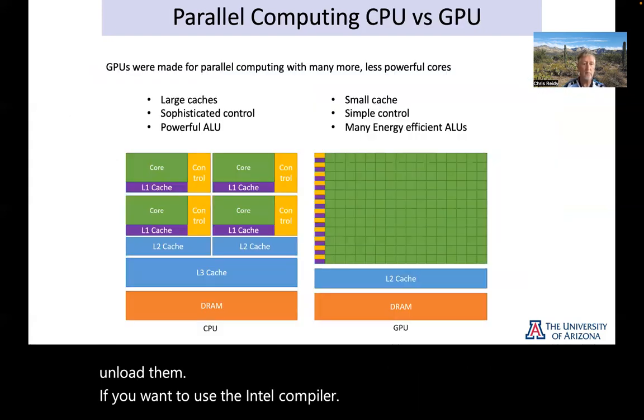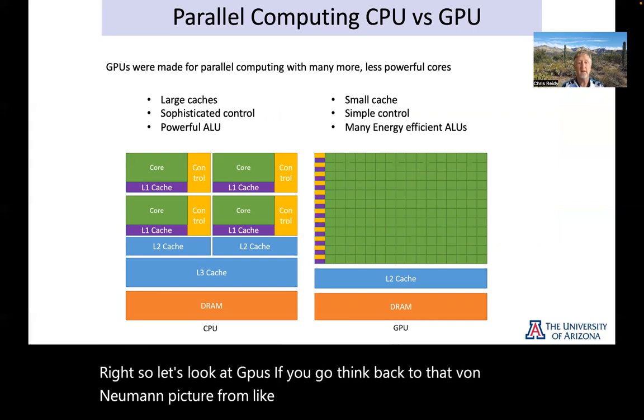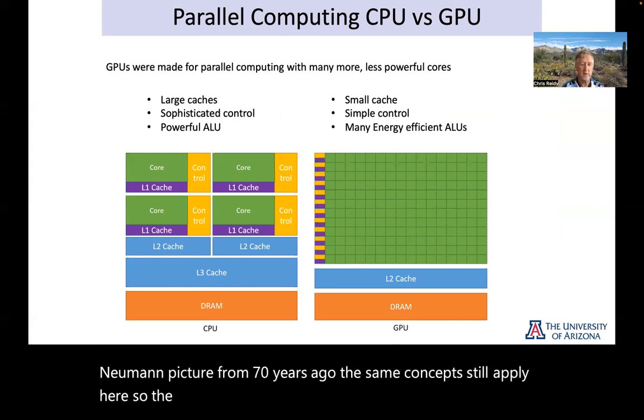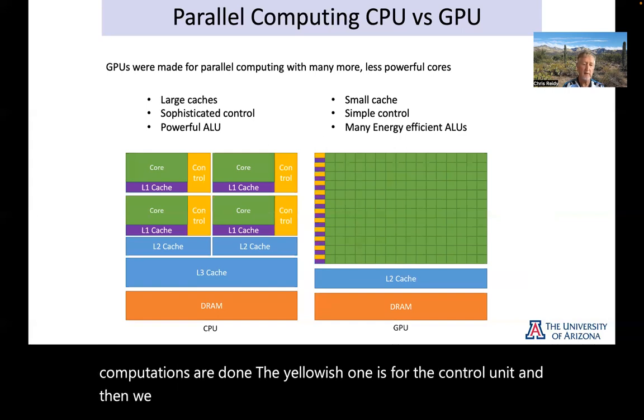Right, so let's look at GPUs. If you think back to that von Neumann picture from like 70 years ago, the same concepts still apply here. So the arithmetic logic unit in green is where all the computations are done. The yellowish one is for the control unit. And then we have caching on top of that. We have memory, and then the I/O occurs.